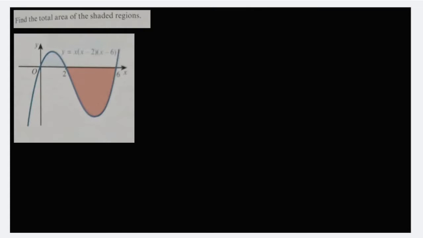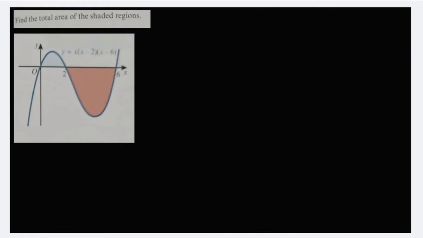And the second one is below the x-axis. So, the same as the second example, you will expect the result in the lower part to be negative. However, we can always change it to positive because this is area, and area will always be positive.